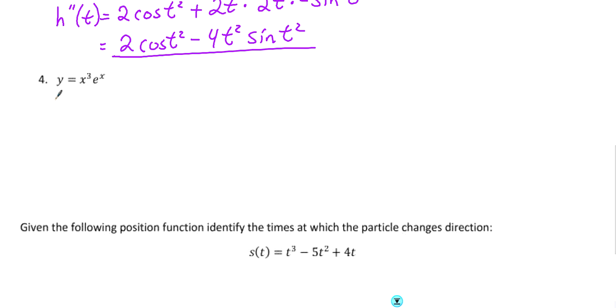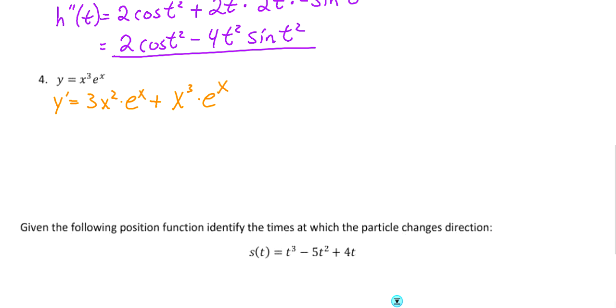Number 4. So there's nothing to simplify here, so we're going to go straight to the derivative. And when we're taking the derivative of this, we're going to end up with product rule that we have to do. So derivative of the first, 3x squared, times the second, plus the first times the derivative of the second. Okay, so there's our first derivative.